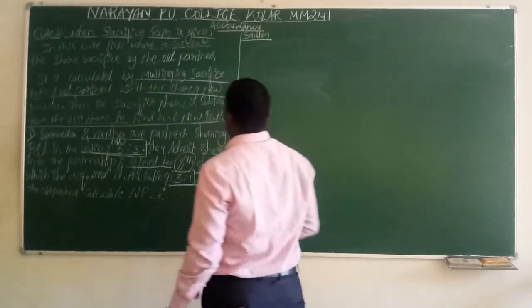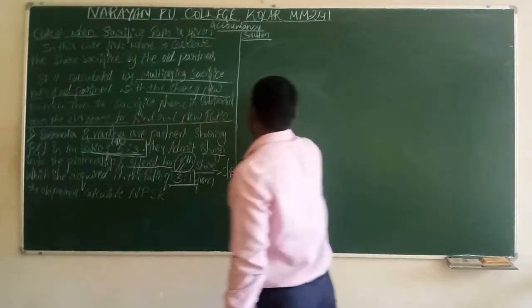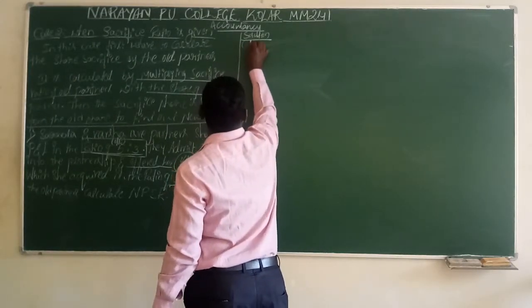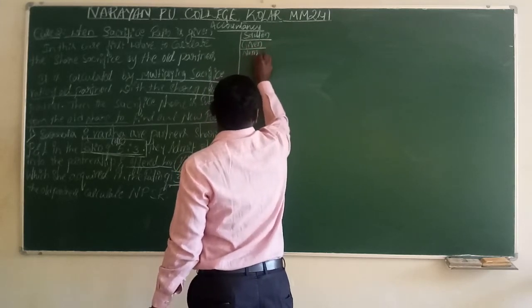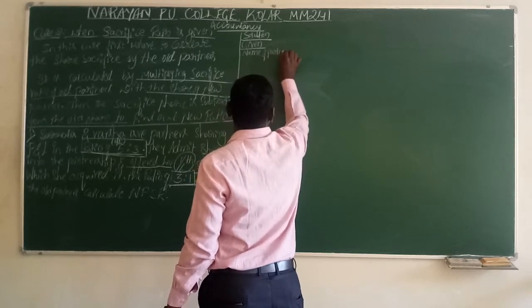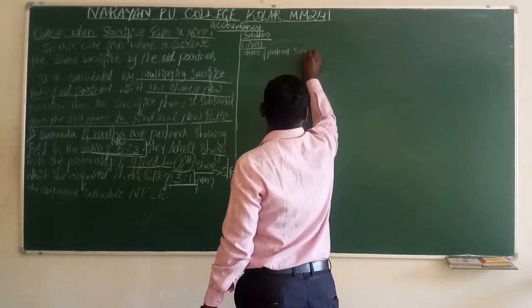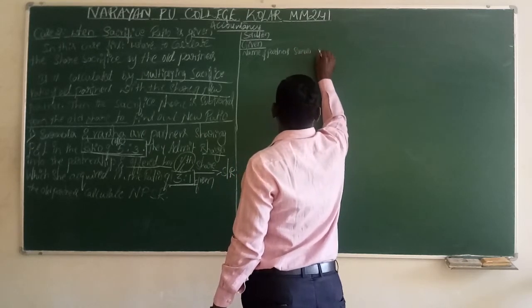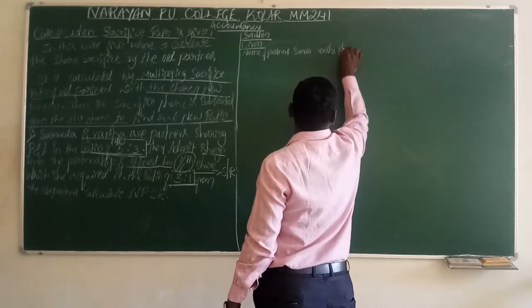Before moving to the solution, we have to make a note of the given information. Given information: names of partners. First partner is Sarala, second partner is Varsha, third partner is Bhavya.